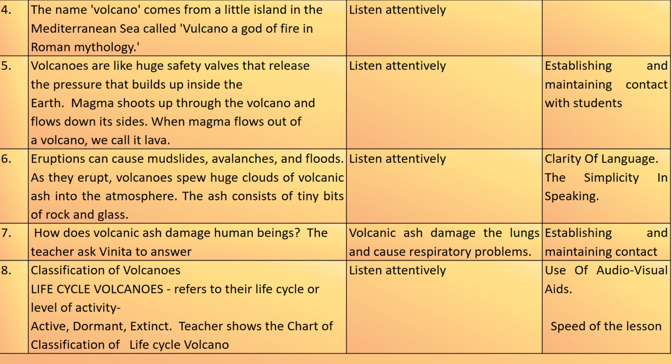The component is clarity of language and the simplicity in speaking. The teacher will ask Vinita to answer, "How does volcanic ash damage human beings?" Vinita answered, "Volcanic ash damages the lungs and causes respiratory problems." The component is establishing and maintaining contact.